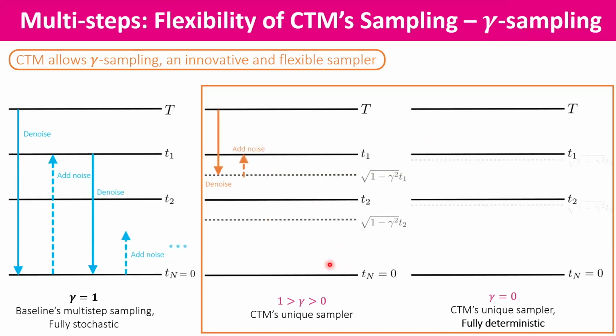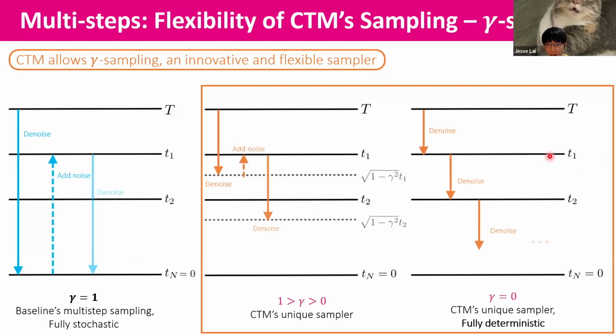Yes, that makes sense. It's just that when gamma is 0, you go from T to T1, and then from T1 you go to T2, which is a noisier version. So the capital T, the upper T, means noisier, and the lower T means cleaner.